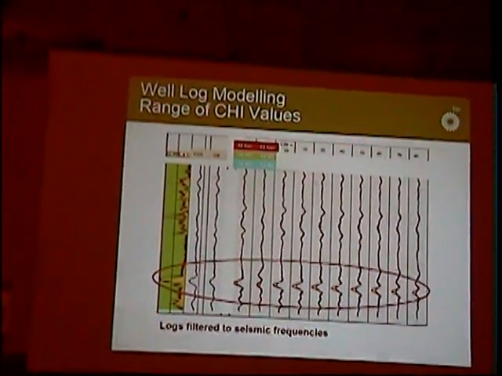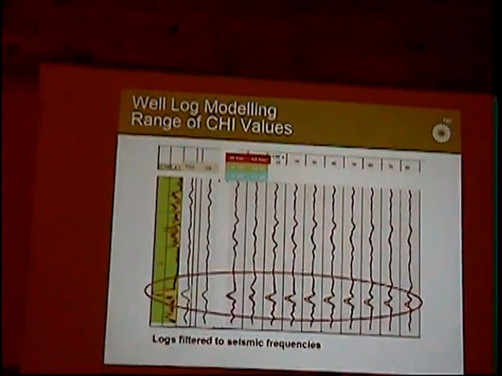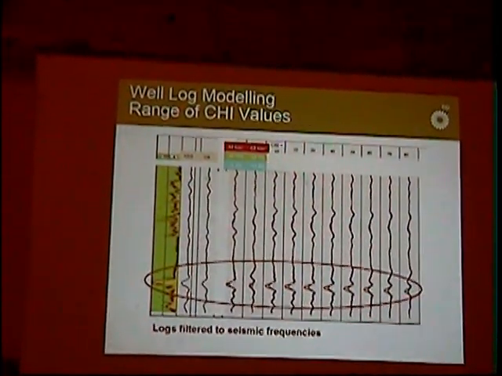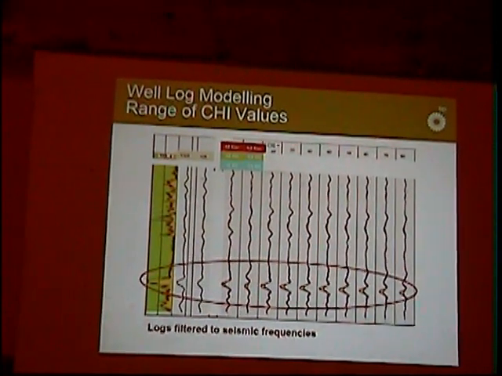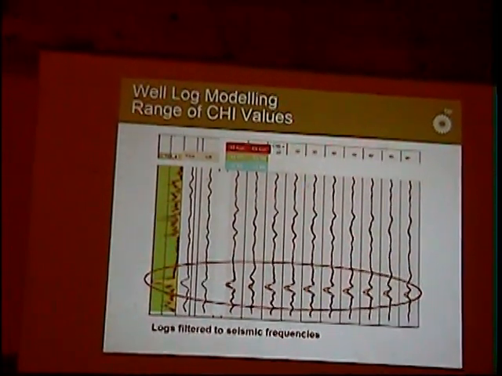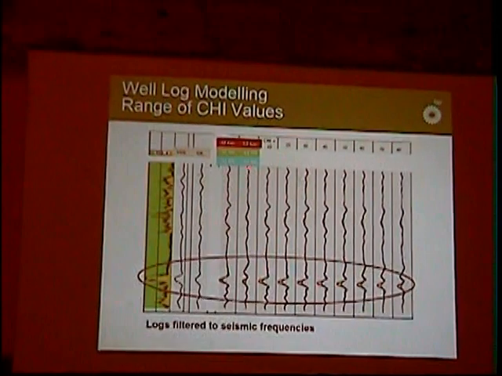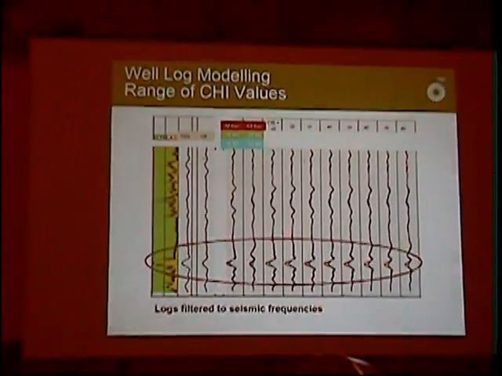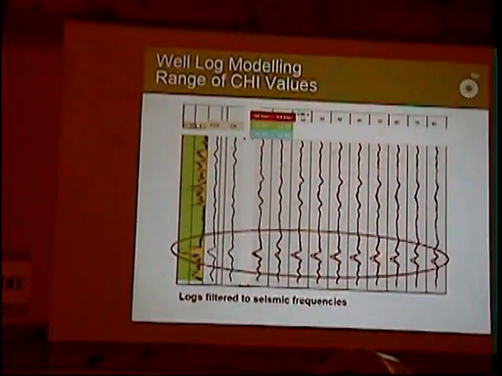And what I've done here is that for several chi values, chi equal 10, all the way up to 8 in here, and for the various fluid substitution logs, which would be brine, oil, gas, acoustic impedance as well as gradient impedance, I'm just showing this is the sand that I'm interested in.